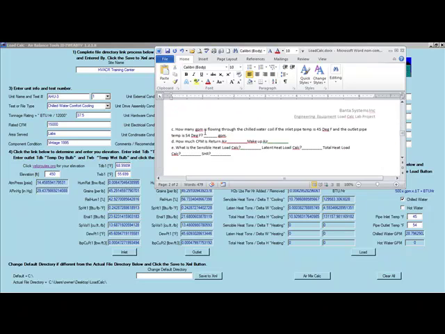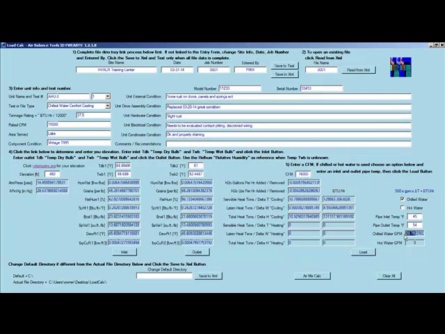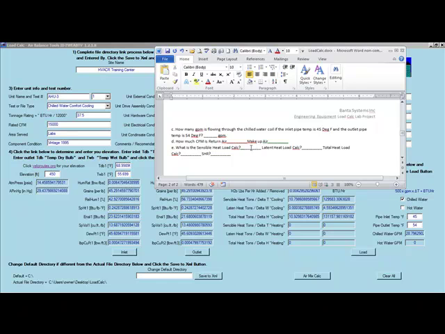How many gallons per minute is flowing through the chill water coil if the inlet is 45 and 54? How many CFM is returned and how much is makeup air? Well, we said 7,500, right? So let's just type that in.